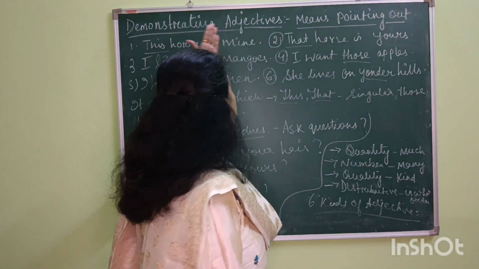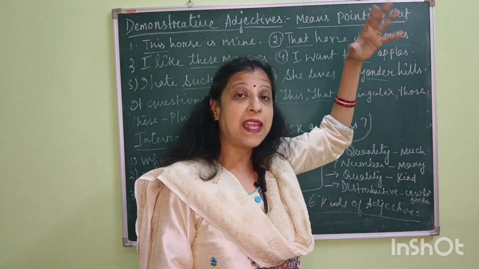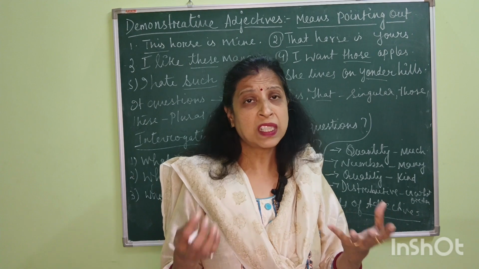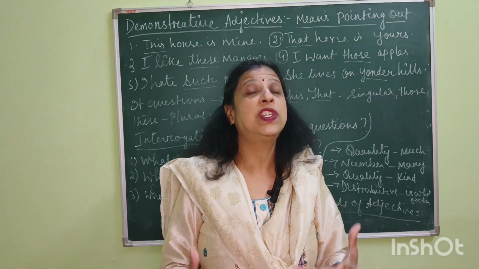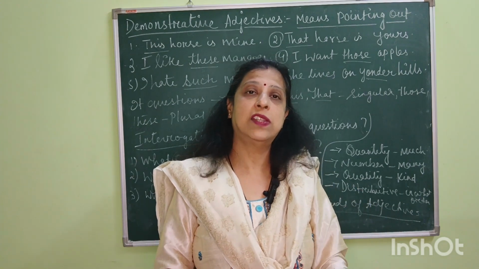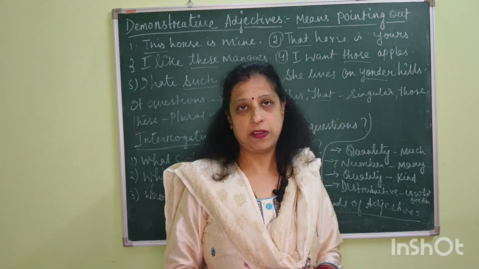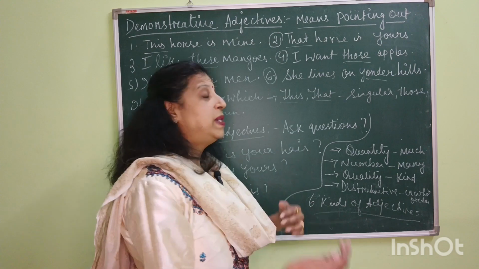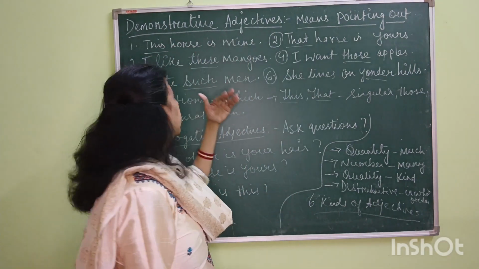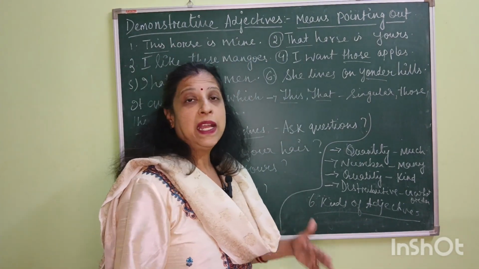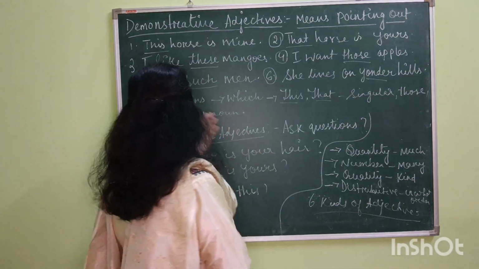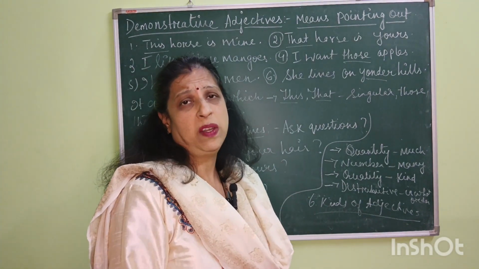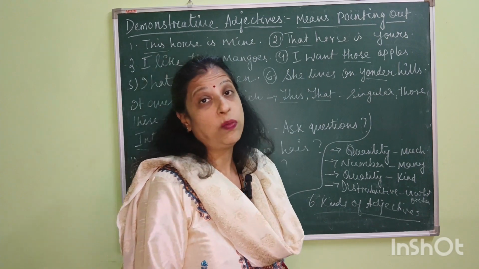Okay, now moving on to the next. So demonstrative adjective always answers the question, which thing? When it asks which thing, then that is called demonstrative adjective. Which horse is yours? We say, this horse is mine. Which mangoes do you like? I like these mangoes. What kind of men do you hate?